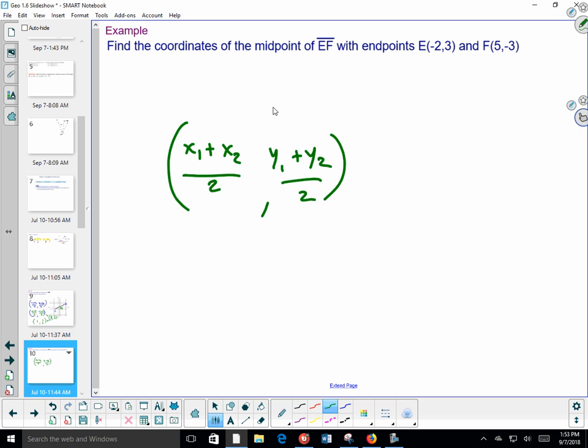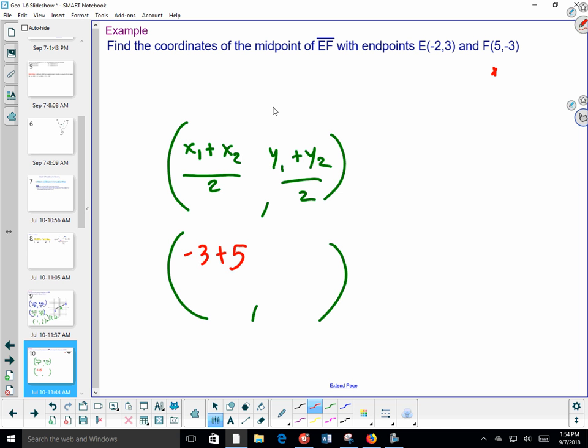We want the x's. So what are the x coordinates here? 5 is an x.